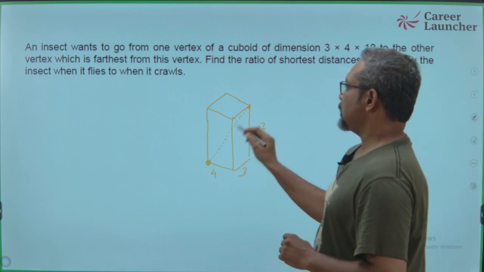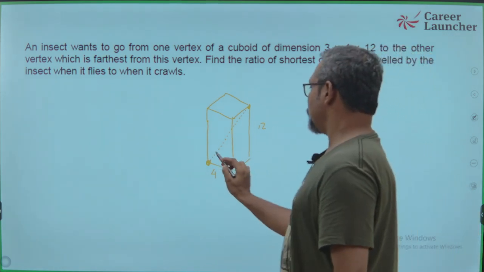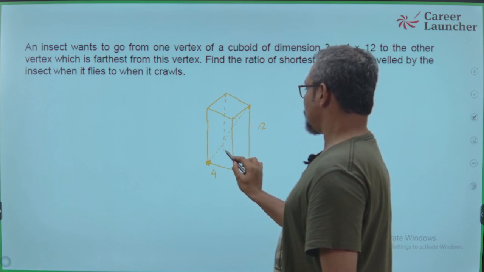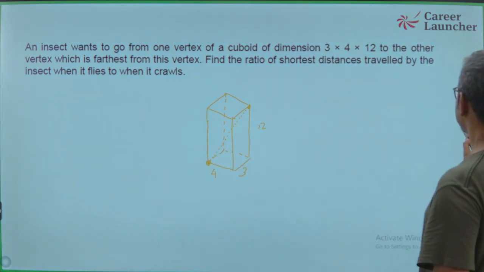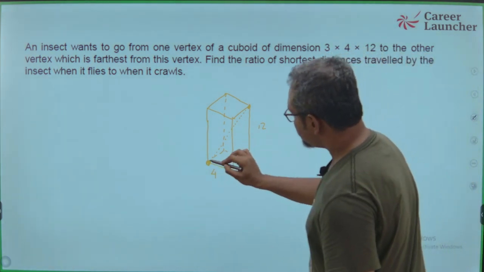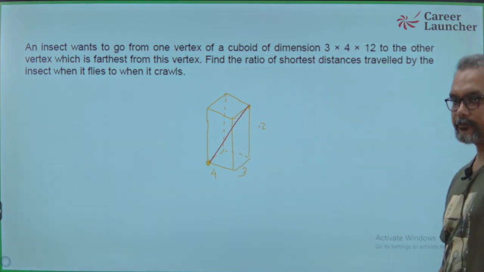So when it flies, we have to assume that the inside is hollow, so it can just fly through it. The line that we want is this, when it flies through.